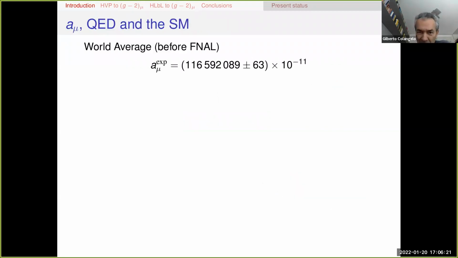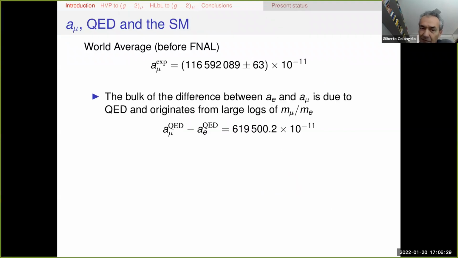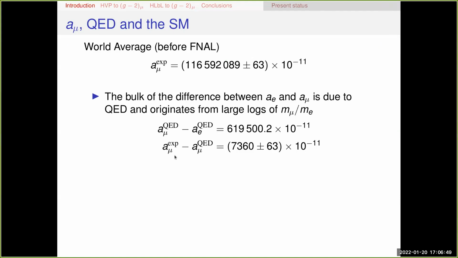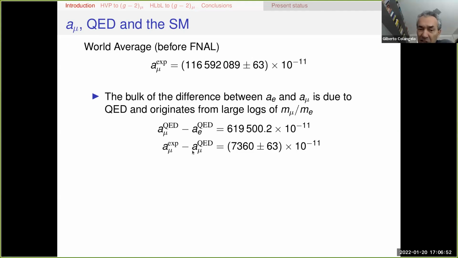Let me show you some numbers corresponding to these points. First of all, the world average at the end of the Brookhaven experiment is shown here. And I point out again in numbers that the bulk of the difference between the electron and the Muon G-2 is due to QED and arises from large logs of the ratio of the two lepton masses. The difference between the experimental value and the purely QED contribution to the Muon G-2 is about 7,000 in 10 to the minus 11 units.